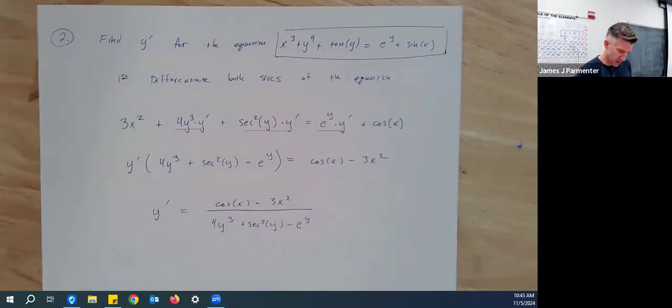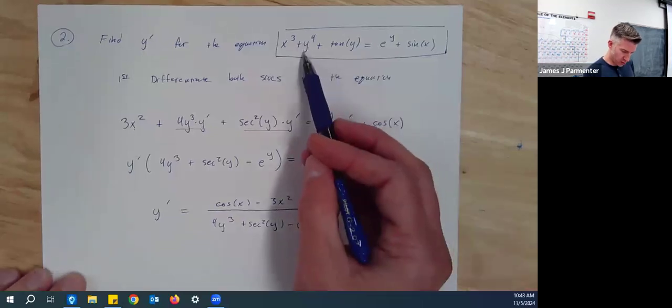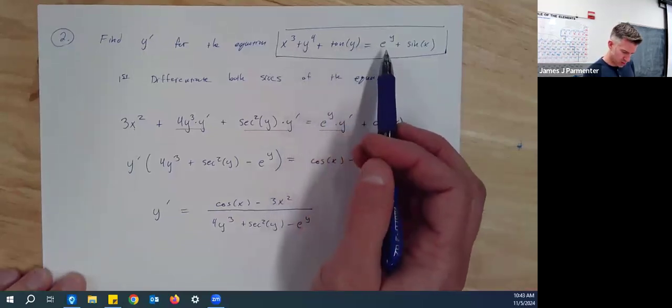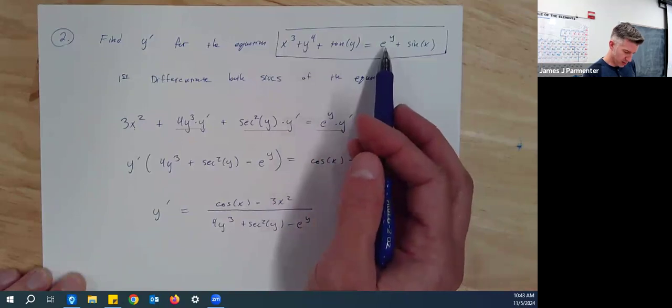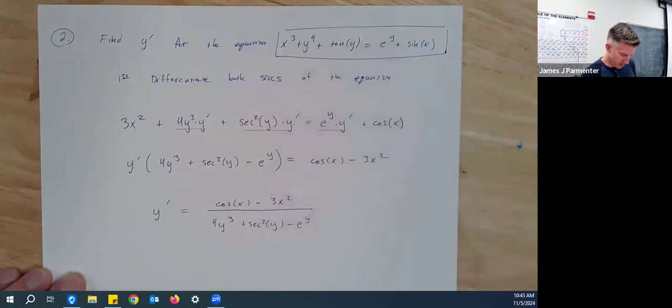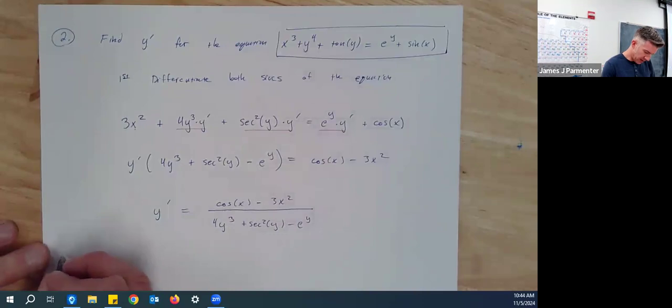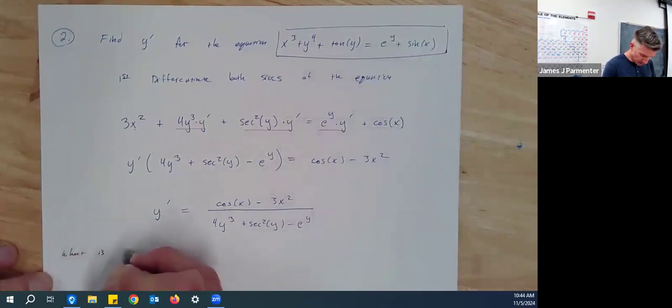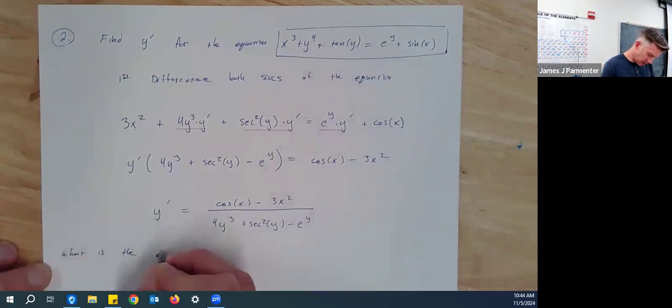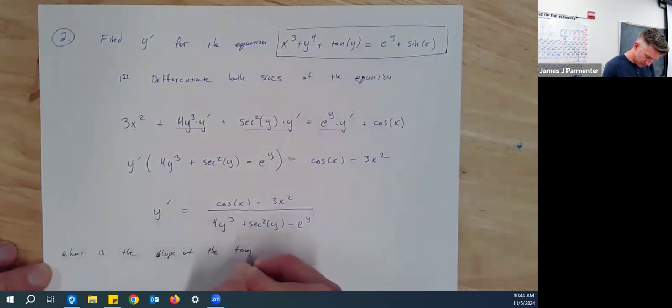So yeah, for example, let me think for a second here. 0, 0. No, that's not going to work out. So for example, if they said, what is the slope of the tangent line? That's a bad choice.